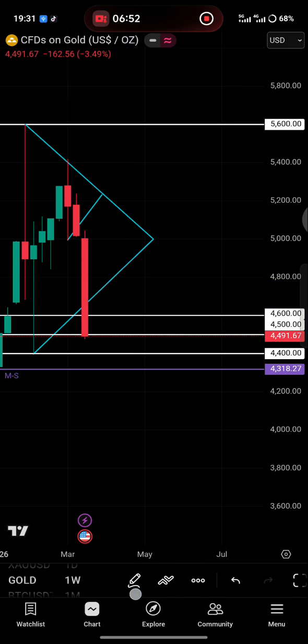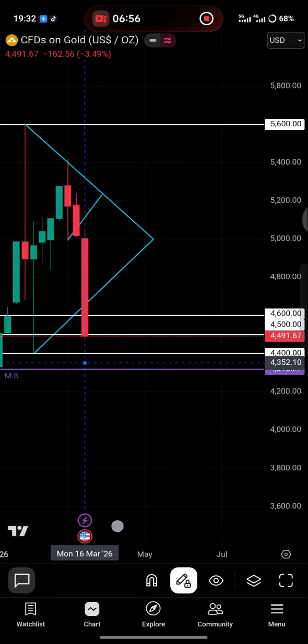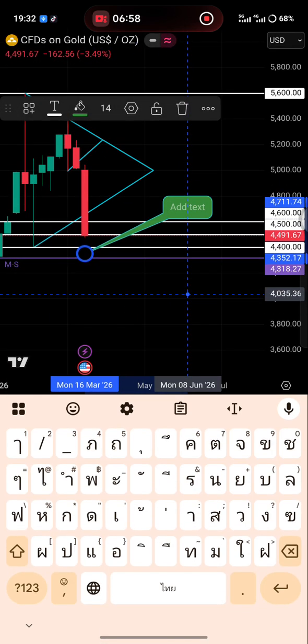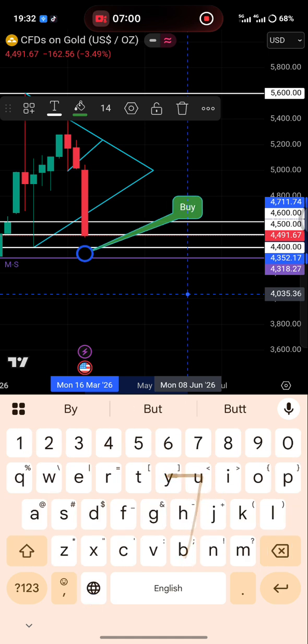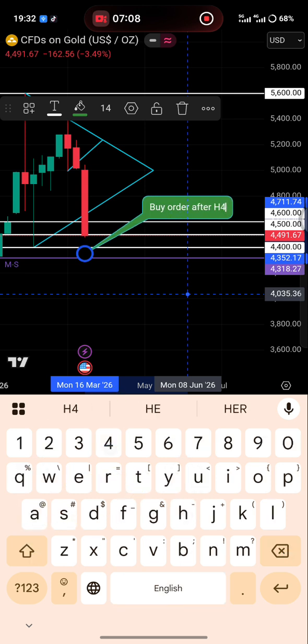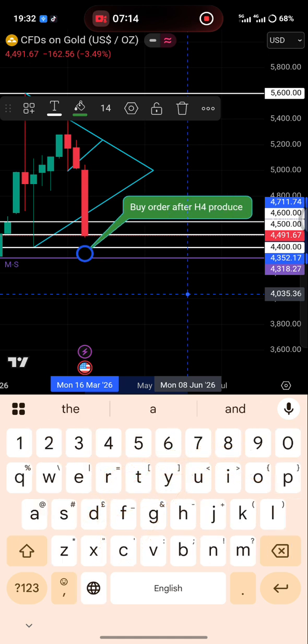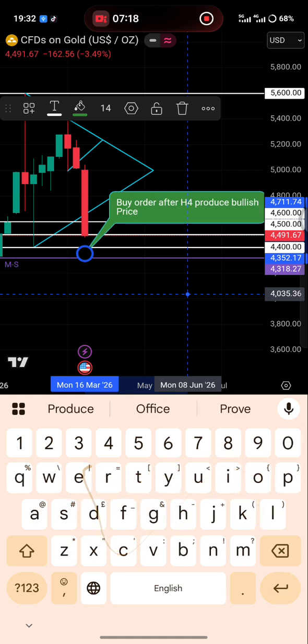We either enter a buy position over here, a buy order after the H4 produces bullish price action, right?